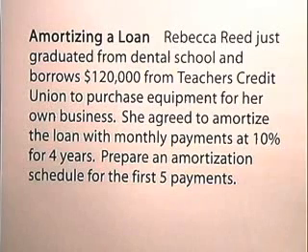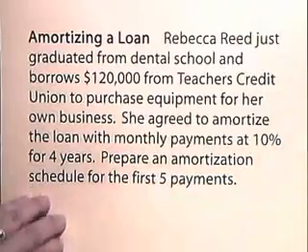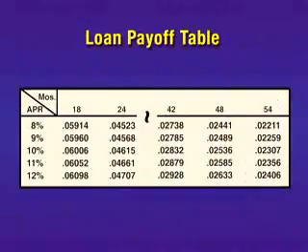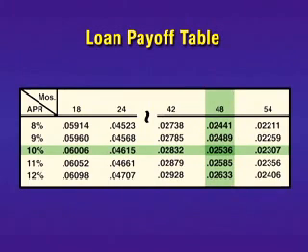We will find the payment by consulting the loan payoff table. In the loan payoff table, we will look for an APR of 10%, and we will go over to 48 months, and we'll find the factor from the table is 0.02536.